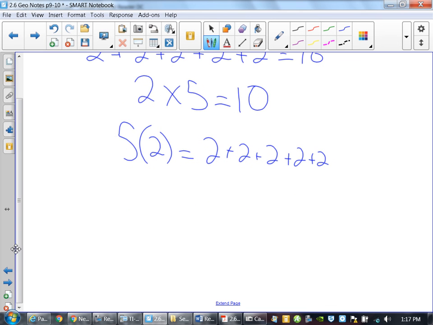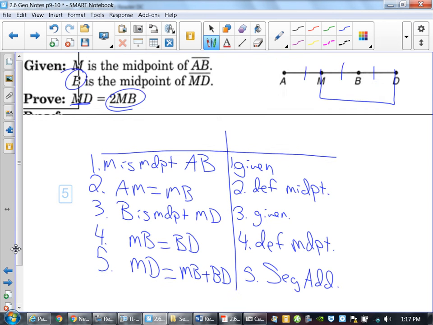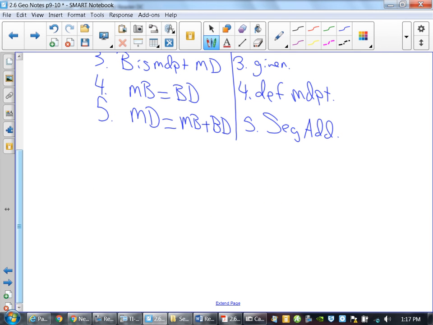If I want to have two segments of MB, that's the same as saying MB plus MB. Do you agree? Now, using that logic, MB equals BD, which means when two things equal each other, you can replace it somewhere else. Substitution.